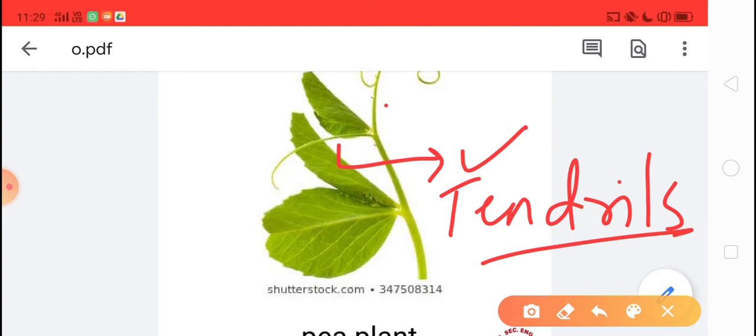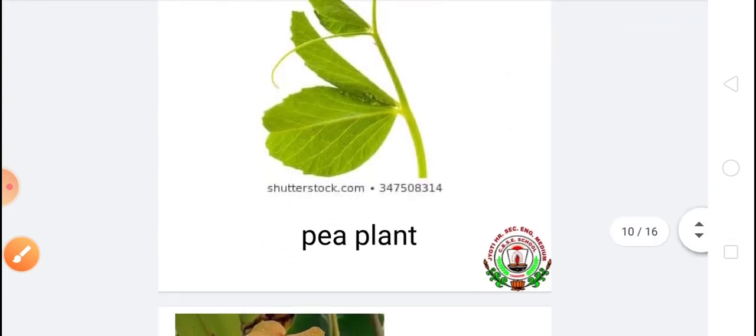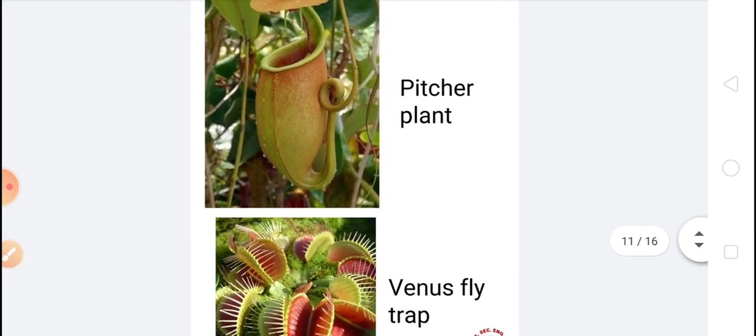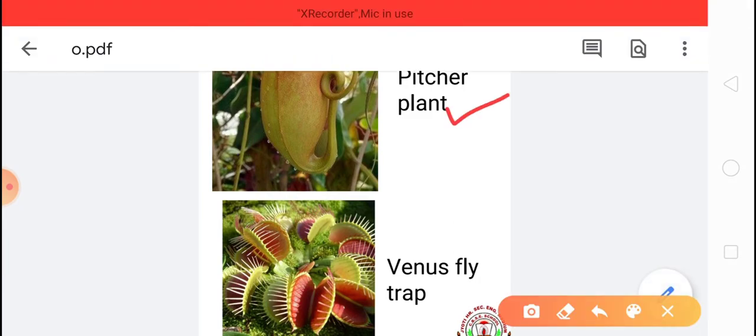The leaves of some plants that grow in soil deficient in some nutrients develop special structures to trap insects. For example, pitcher plant and Venus flytrap.